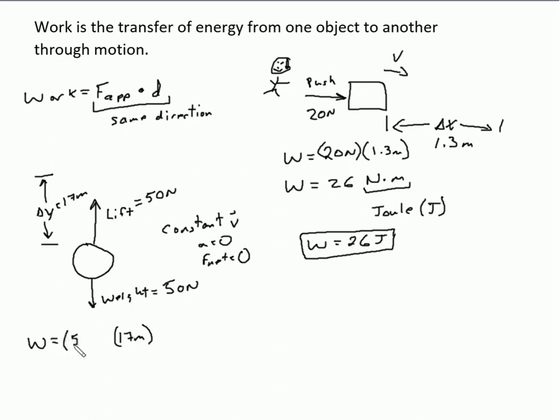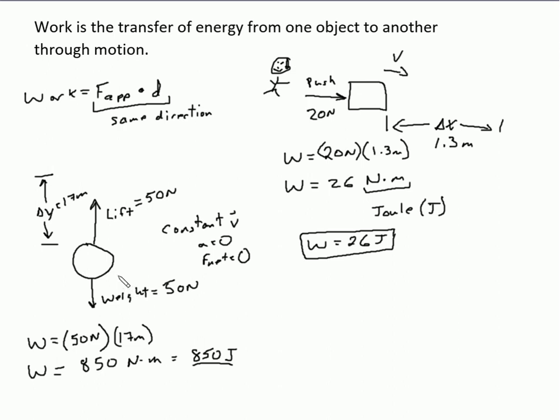We know that's 50 newtons, like so. And so we take that 50 newtons times 17 meters and we get 850 newtons times meters, which we can just change to joules, so 850 joules. So that's how much work was done here in lifting.